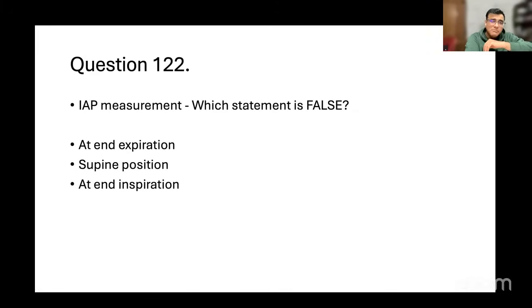So these three criteria should be fulfilled for you to measure IAP, or intra-abdominal pressure, for abdominal compartment syndrome. So end expiration would have been the correct option there.